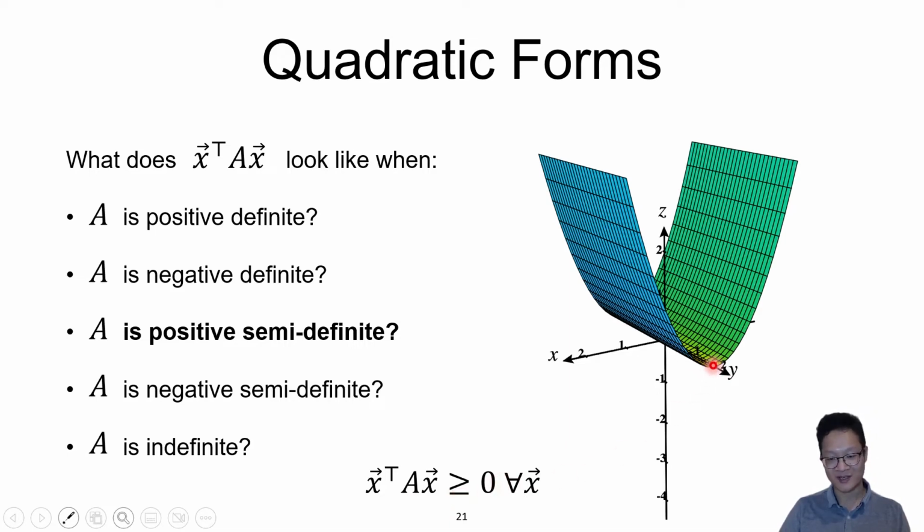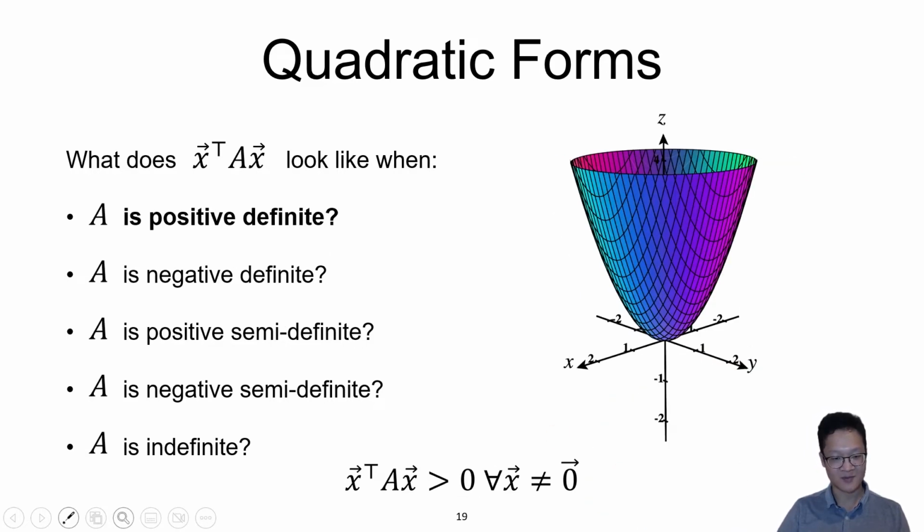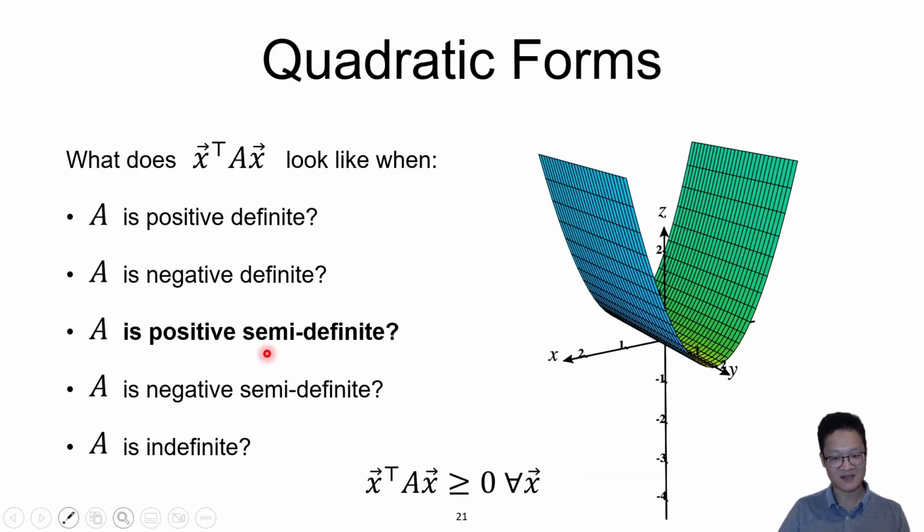So for example, you could plug this point in and you would get 0, and that value of x will not be 0. So this is the main difference between positive definite and positive semi-definite. For positive definite, the only way to get 0 is plugging in the origin. For positive semi-definite, you can actually plug in some other vector other than the origin, and you would still get 0.